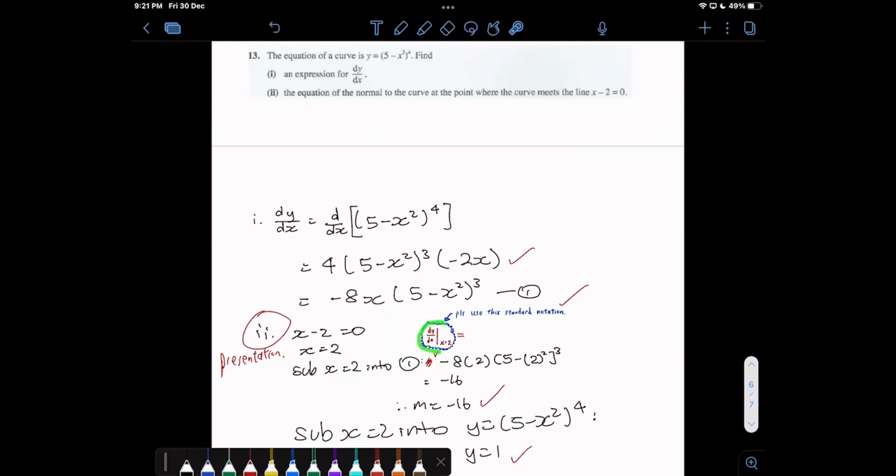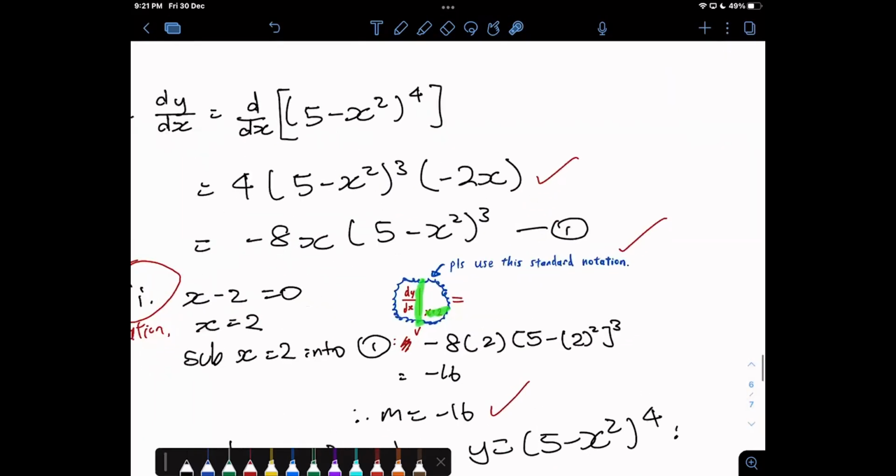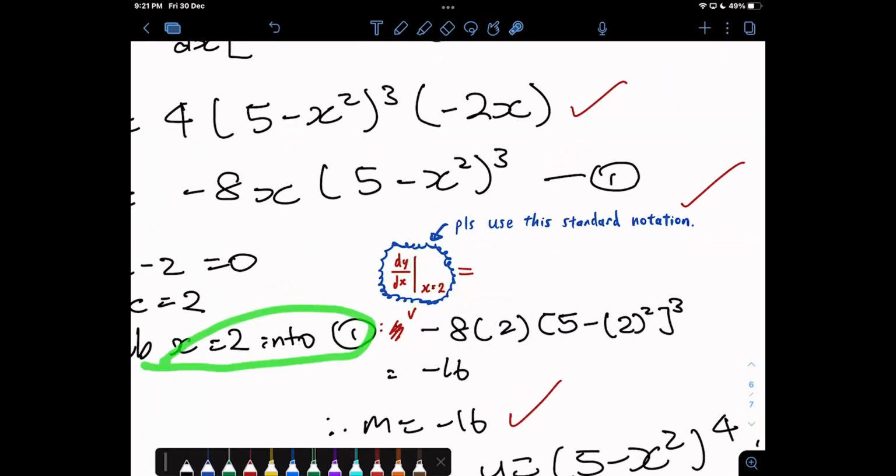You should use this notation, dy by dx, then draw a vertical line, write down x equal to 2, instead of just writing an English sentence and then start writing numbers. It doesn't flow. The English sentence doesn't make sense. You need to have a subject of the sentence. Like who kicked the ball? Alan kicked the ball. Alan over here.